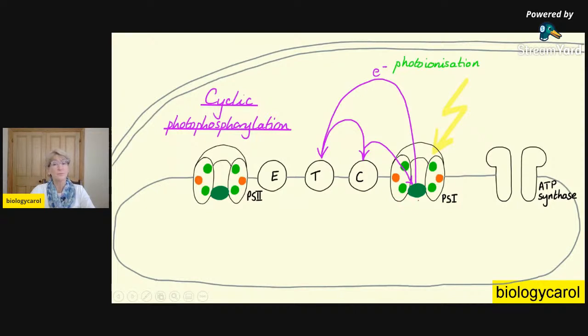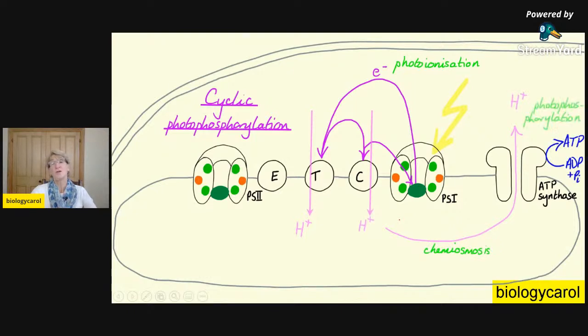But as happened previously, as it goes down this electron transport chain, the electron is lowering its energy level, and therefore, as it does so, little packets of energy are released, and they are used to pump hydrogen ions across the thylakoid membrane, as before, into the thylakoid space. And as before, they are channeled through ATP synthase by the process of chemiosmosis to bring about photophosphorylation, the production of ATP.